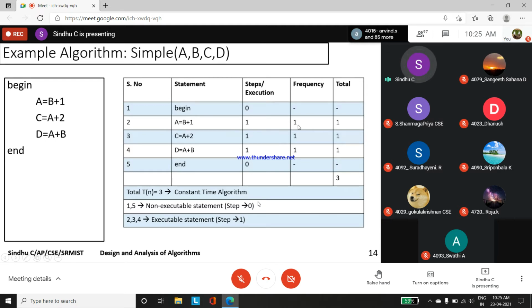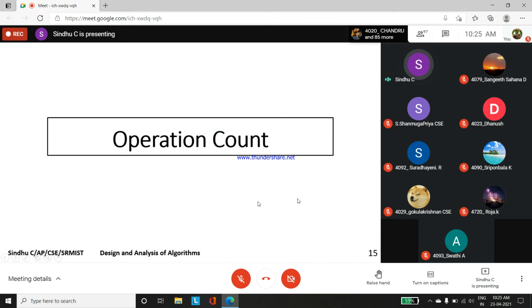So 1 into 1 is 1, 1 into 1 is 1, 1 into 1 is 1, which will be 3. So this is a constant time taking algorithm. So this is one way of how you can analyze how efficient an algorithm is.